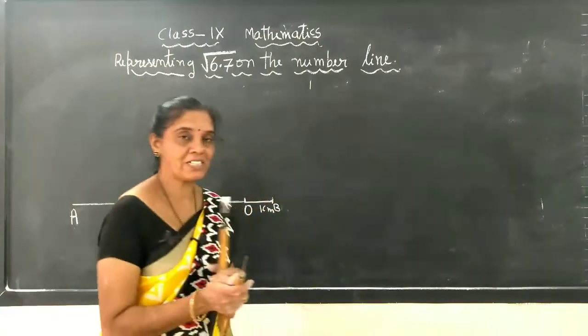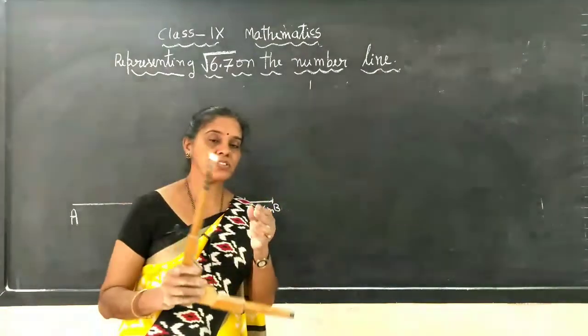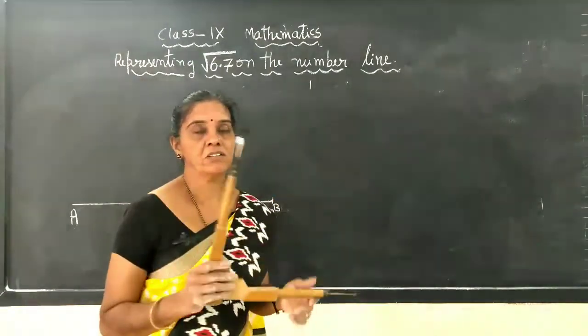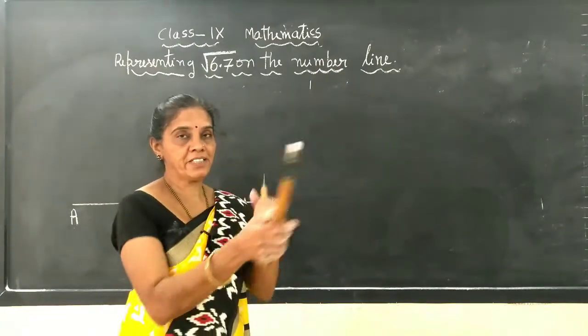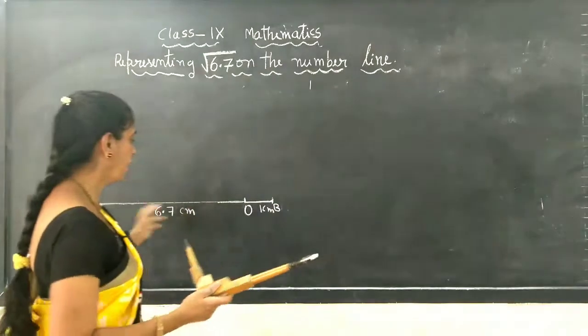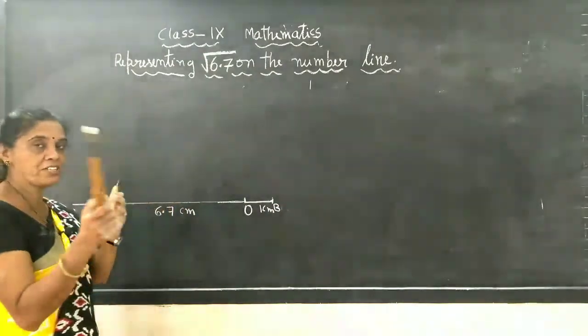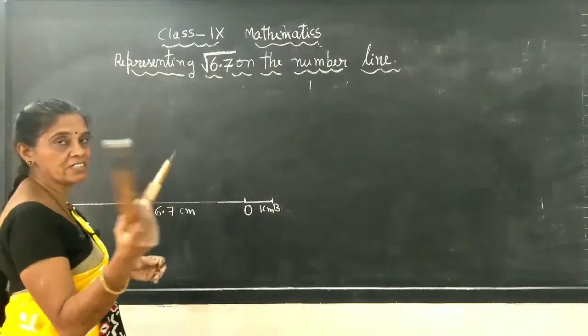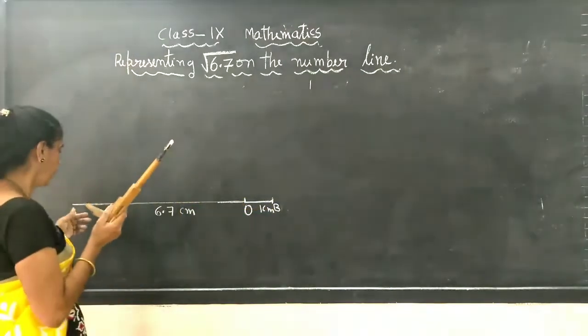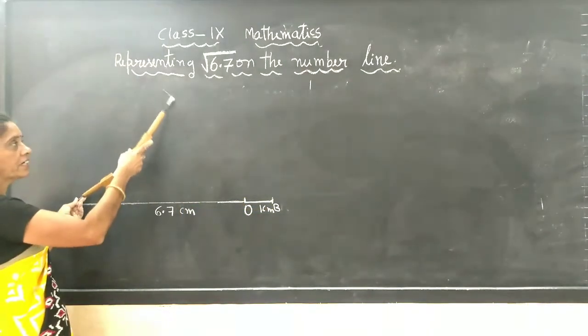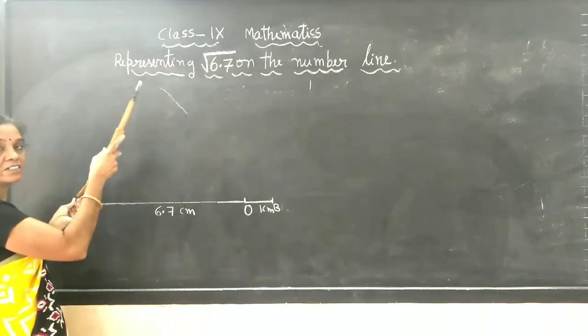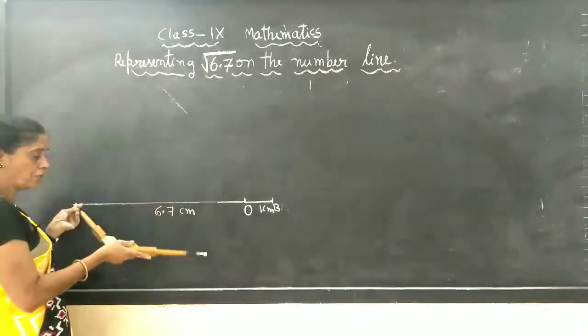if you want it geometrically, use a compass. Take more than half of this line, a sufficiently big radius in the compass. Keep one leg at point A and mark on the upper side, and below also.